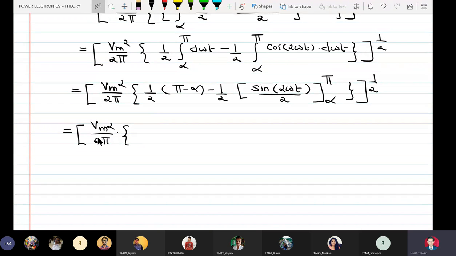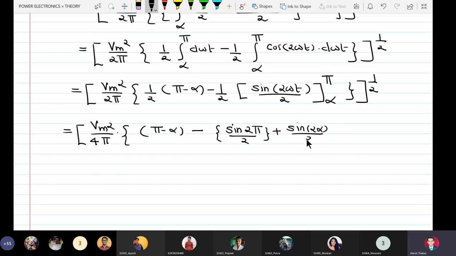we can take 1/2 outside, so it becomes 4 pi, sine 2 pi by 2 plus sine 2 alpha by 2.